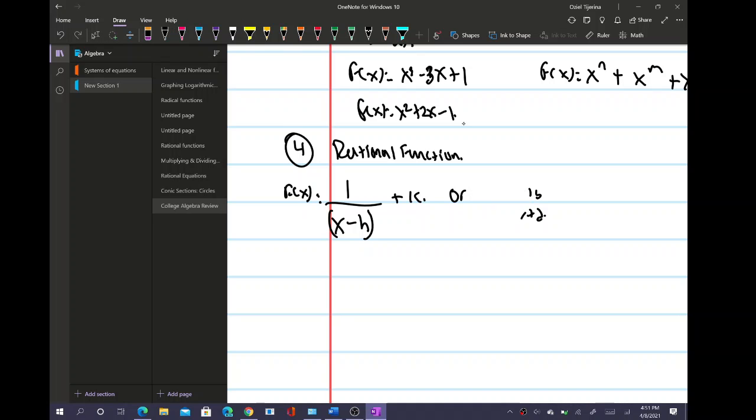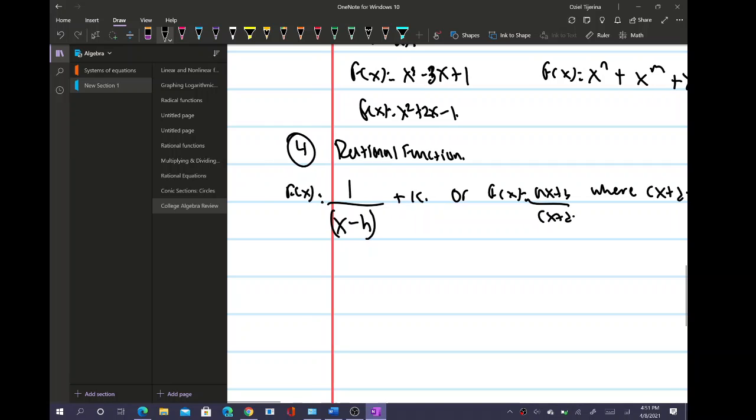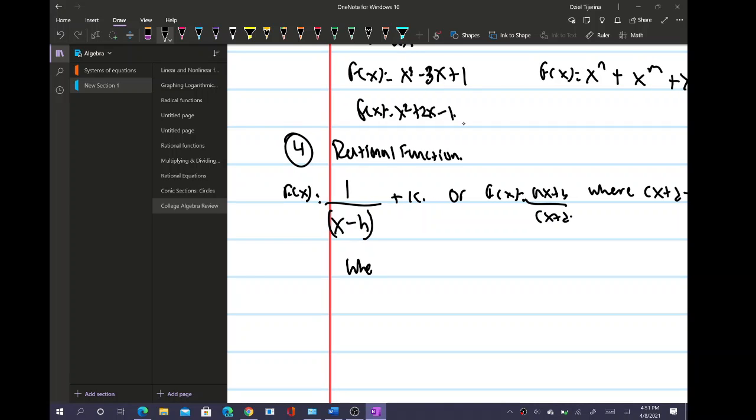Let me write this better. F of x equals ax plus b over cx plus d, where cx plus d cannot equal 0, and where x minus h cannot equal 0.